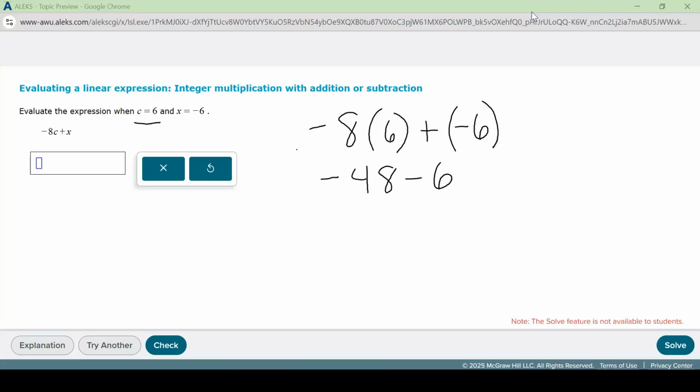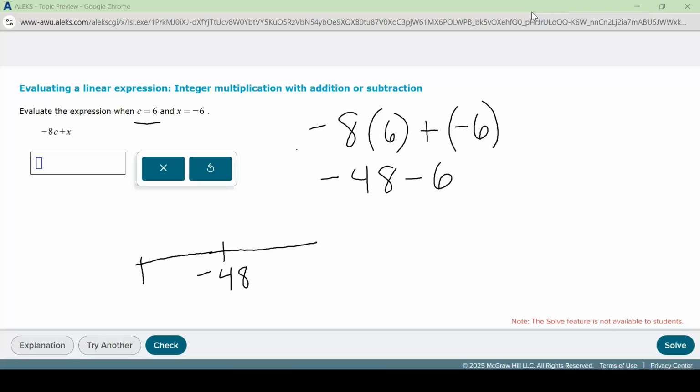And when you're adding two negatives, think about where negative 48 would be. And say to yourself, if I'm subtracting 6, do I go to the left or do I go to the right? And when we subtract, we always go to the left so that you know that the number is going to be more negative.